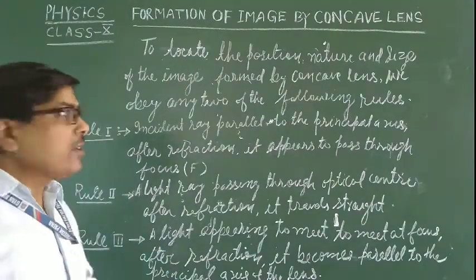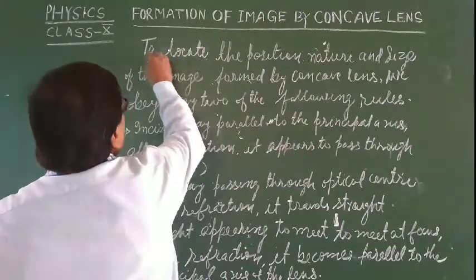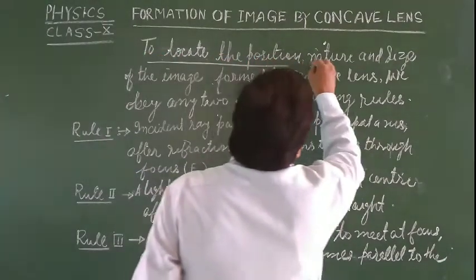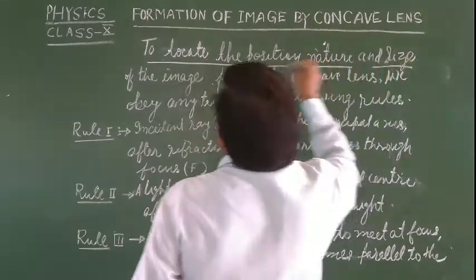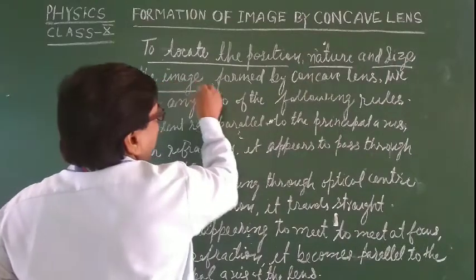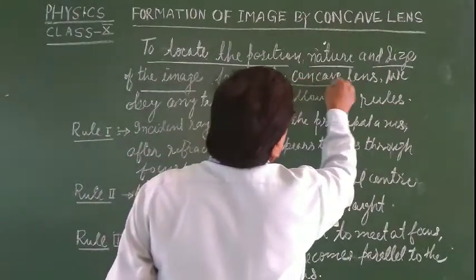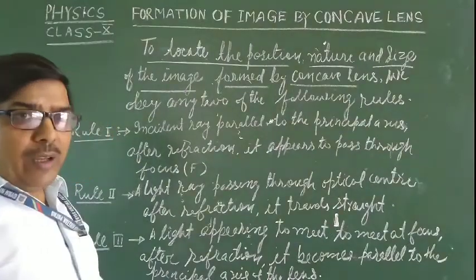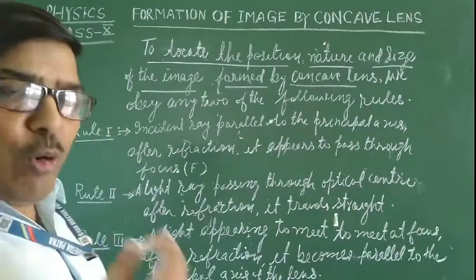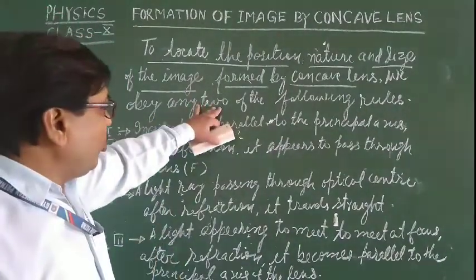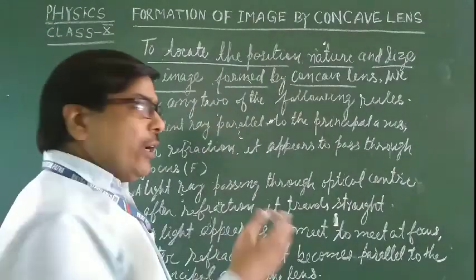To locate the position, nature and size of the image by the concave lens, we obey any two of the following rules.